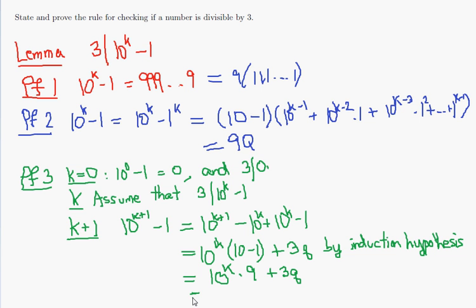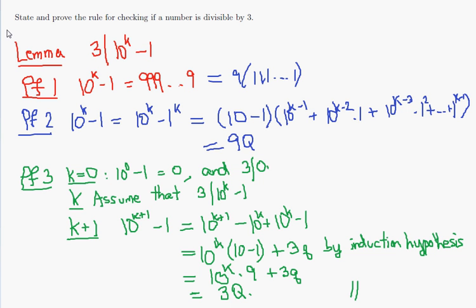And so this is equal to 3 times some other integer. If I factor a 3 out of both terms, there's going to be some integer left, equal to 3 times 10 to the k plus q. And so that means that 10 to the k plus 1 minus 1 is a multiple of 3, and so that ends the proof. So there's 3 different ways of doing this.